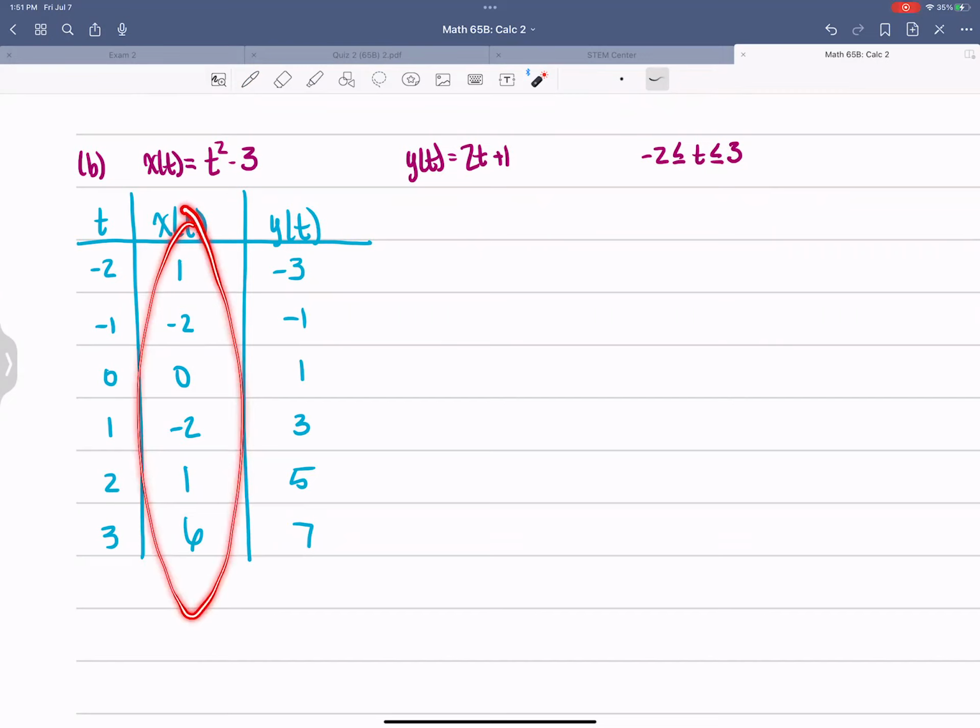X coordinates going from -2 all the way up to 6. Oh, and it looks like these are negative. No, I lied. Okay, so going from -2 up to 6 and then up to 7.